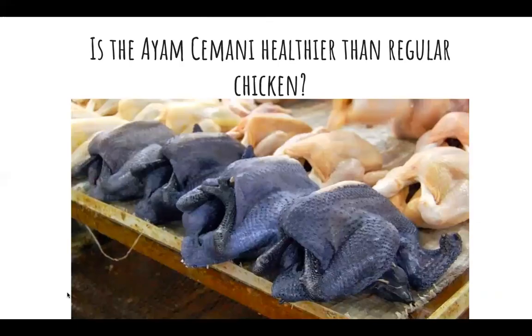Is the Cemani healthier than regular chickens? For many centuries, Indonesian Asians continued to eat supermelanated chicken for their medicinal properties. Today, the supermelanated or black chicken is famous throughout Asian countries and the world.